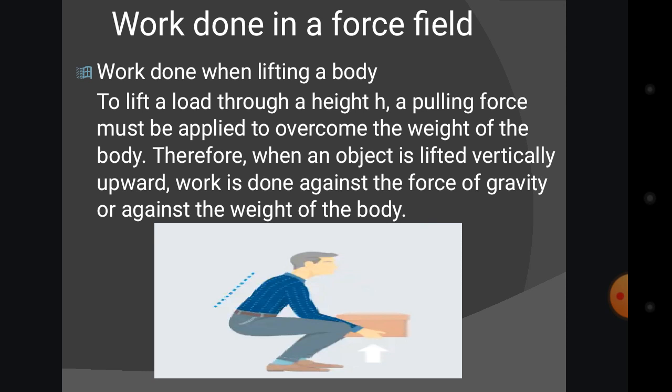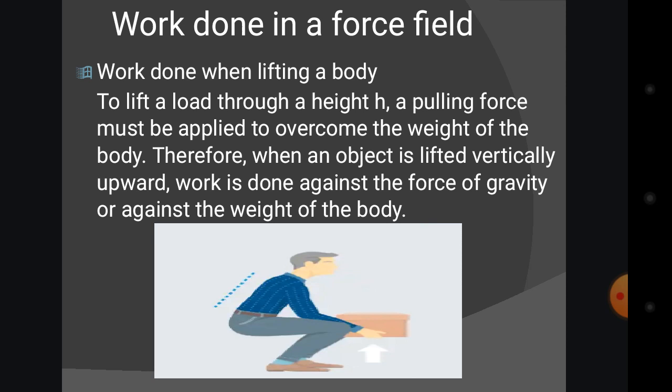Anything you throw upward, the gravitational force will pull it downward, it will come down toward the center of the earth due to the gravitational force that exists on the planet. So when lifting a body, you have to go against the force of gravity.